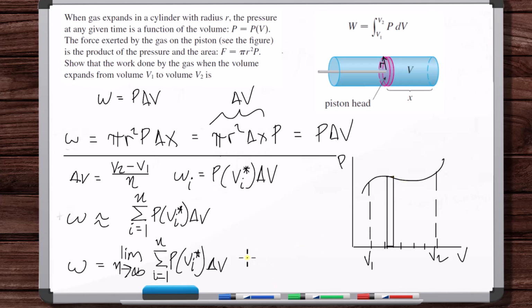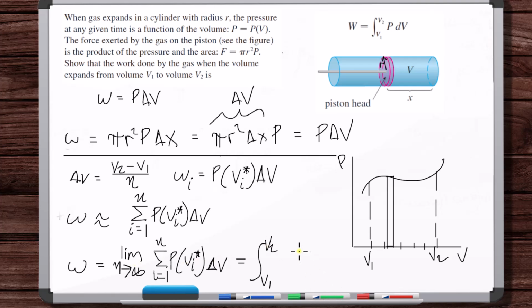And so now we can turn this limit as n goes to infinity of the sum from i equals 1 to n into an integral. That's the elongated s. We're going from V1 to V2. Now, as n goes to infinity, we don't need Vi star anymore because we could choose any point we want, the left endpoint, the right endpoint, whatever, and they all converge to the same value.